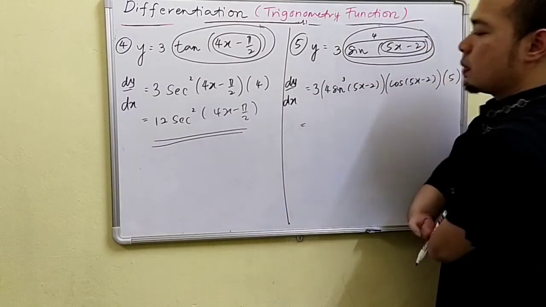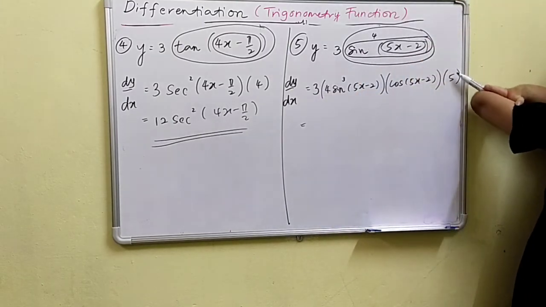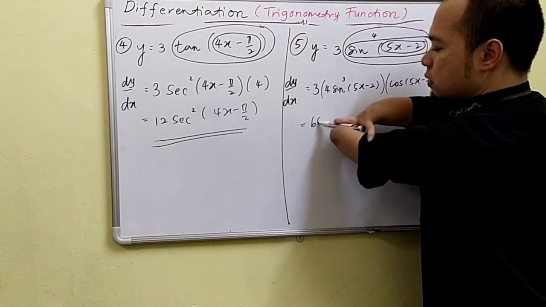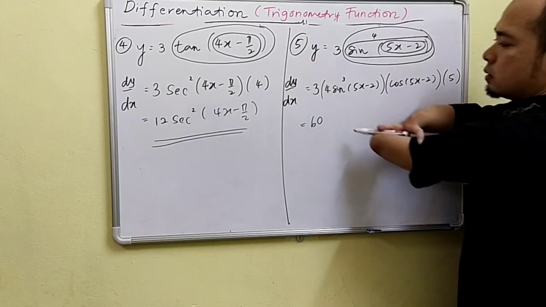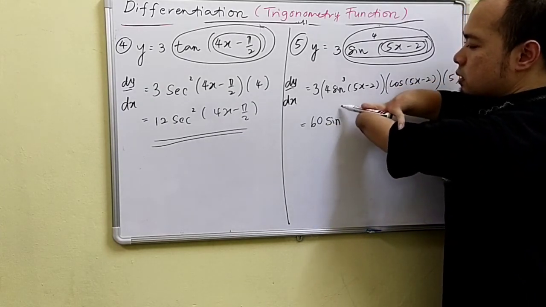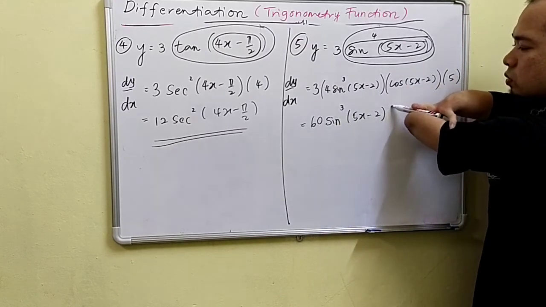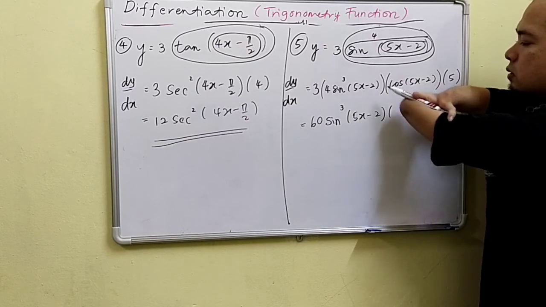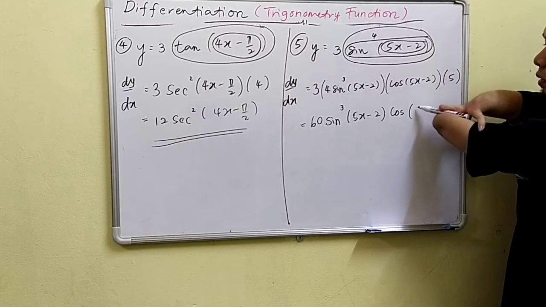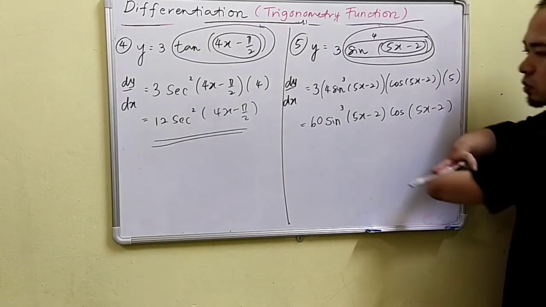Simplify everything. 3 multiplied by 4 multiplied by 5. Okay, so you get 60. How about this? Just put them together. Sine cube of 5x minus 2, then cos x. So no need bracket. So cos x becomes cos of 5x minus 2.